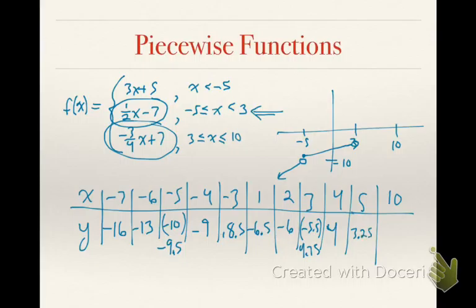Go all the way up to 10, negative 3 times 10 divided by 4 plus 7 gives me negative 0.5. So that means at 3, I'm going to start all the way up at 4.75. It's going to be a closed circle. And I'm going to go down to negative 0.5. It's going to be a closed circle as well because it is equal to in the domain.